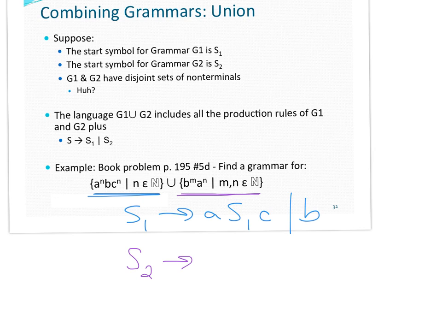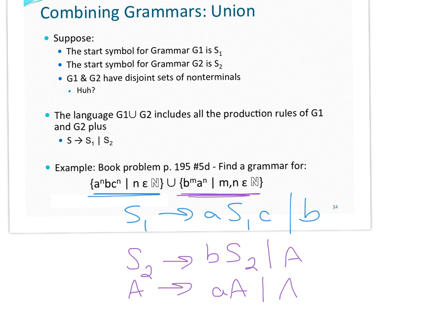So I think what I'm going to do is start with the b's, and we'll do a bunch of b's, or we'll go to capital A, and A will go to little a, big A, or lambda. And I think if you look at this, you'll see that you can get all the strings that are in this second language here.